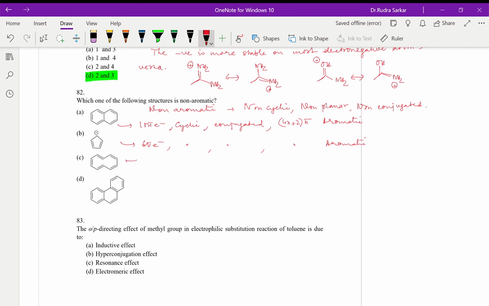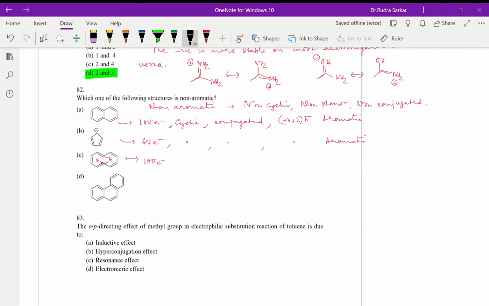For the next one, though it is a 10 pi electron system, there are some transannular hydrogens which will undergo repulsion among them, and so even though it is cyclic, it becomes non-planar, and so it will be a non-aromatic compound.